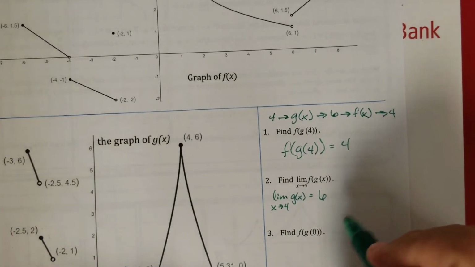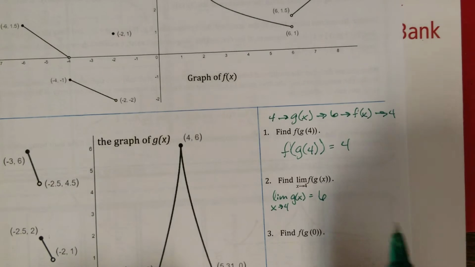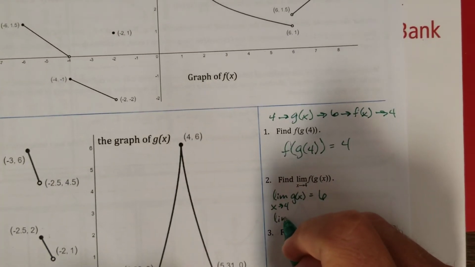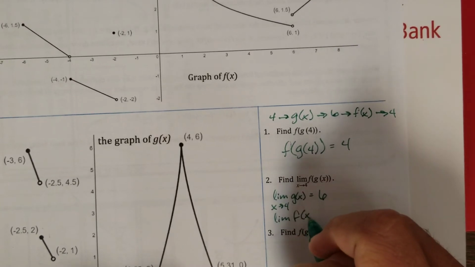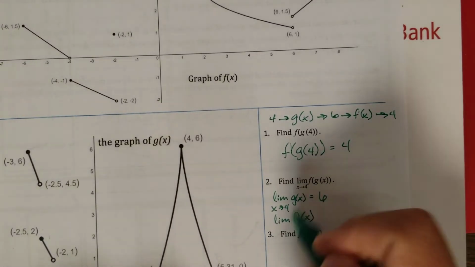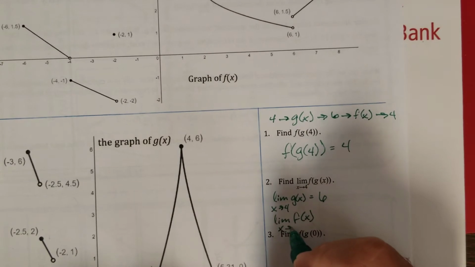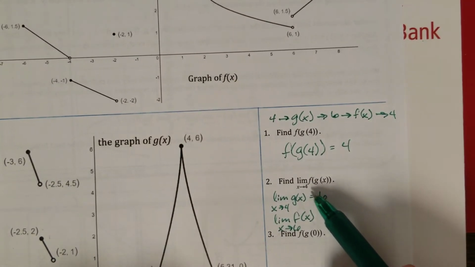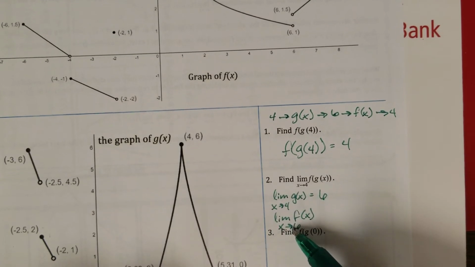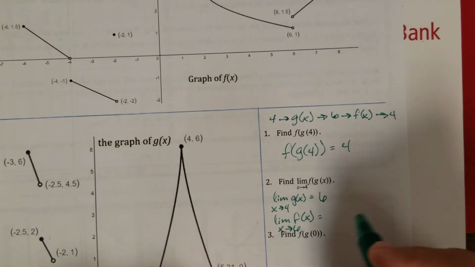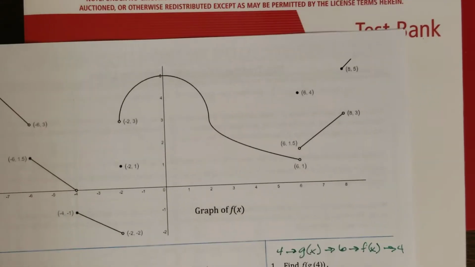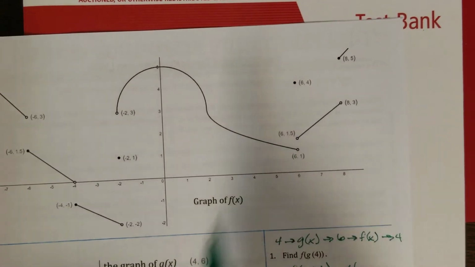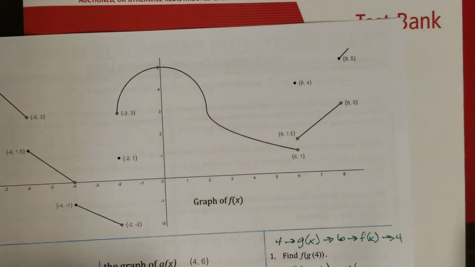Okay, now we find the limit of f as x approaches 6. Remember the limit value. We got the limit value, so now that becomes the x. So as x approaches 6. Okay, so go up here to the f function, and you would see as x approaches 6, oh, wait a second. Okay, so that limit does not exist.